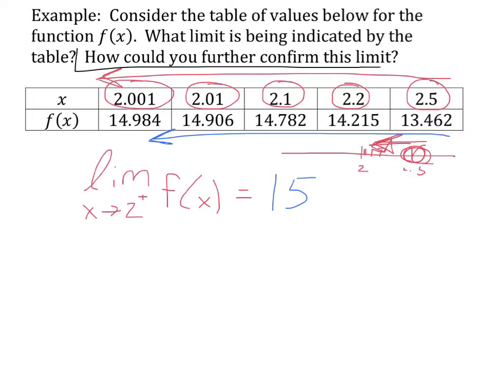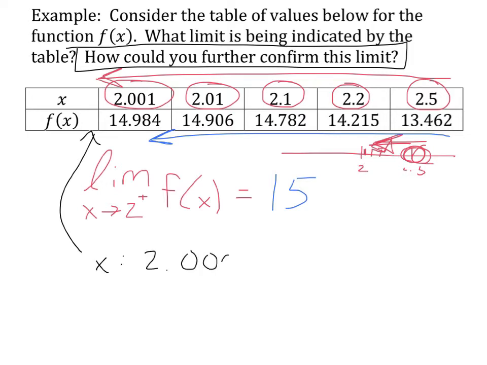But that brings me to this next question. How could we further confirm this limit? If you had access to the function, access to a calculator, what could you do to confirm that this limit probably is 15? Pause the video and think about that. What we could do is plug in an x value of maybe 2.0001. We could get even closer to 2 and find out what f of x is.